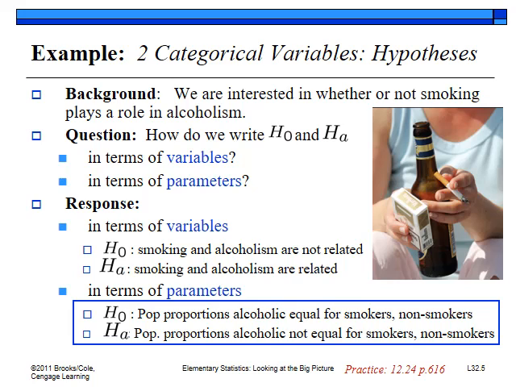We're going to focus on parameters, but before we go forward, one more thing about this. Here, because we're looking at two categorical variables, we're breaking the population down into two groups in two ways. We have alcoholic or not, and we have smokers or not.